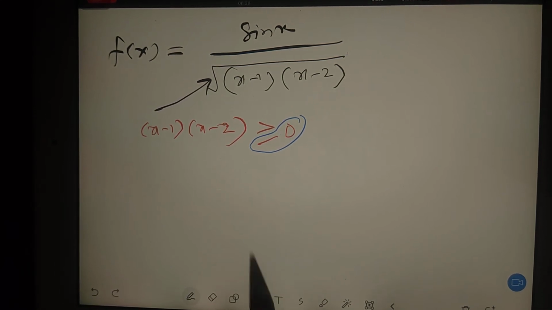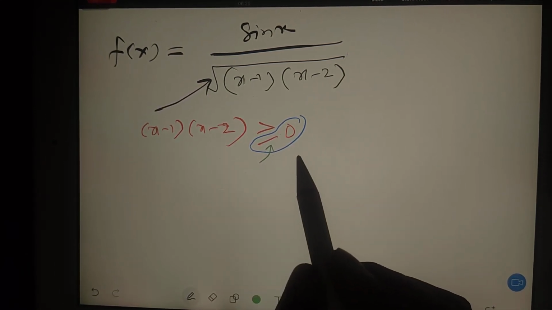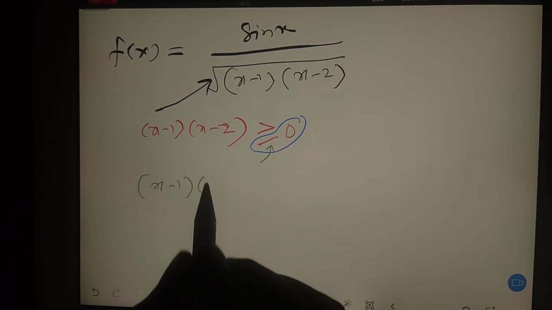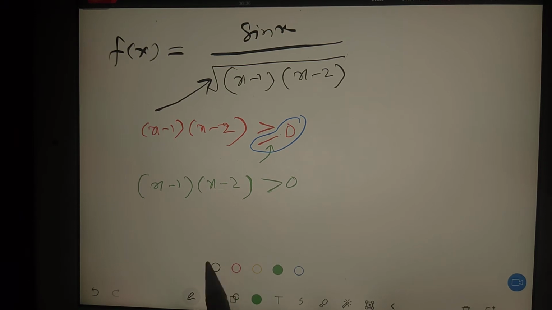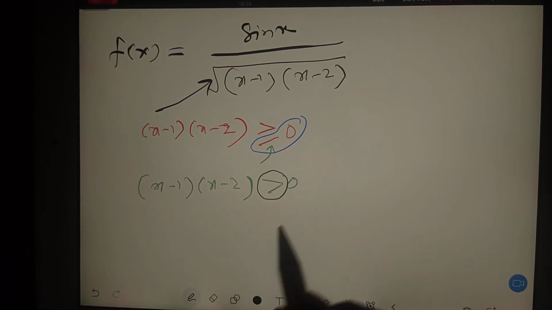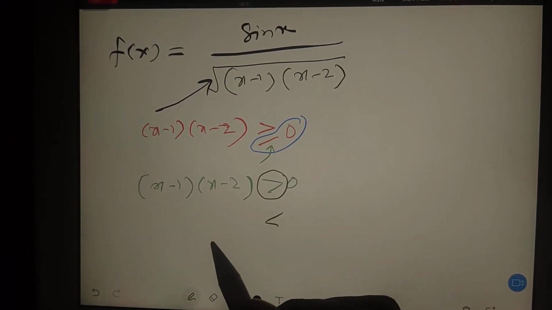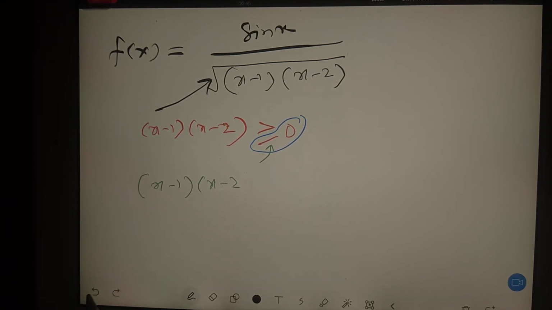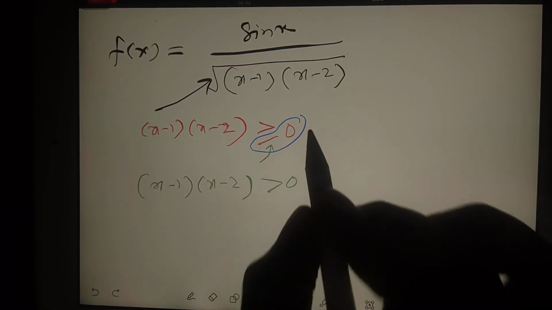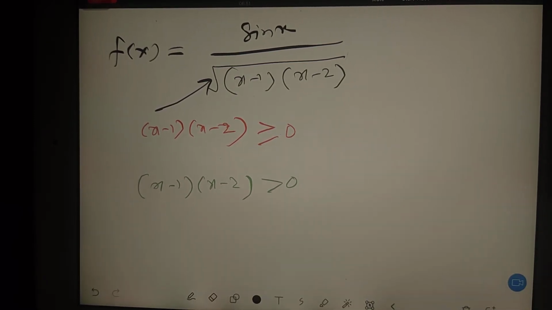So if I remove this equal sign, then I will write (x minus 1)(x minus 2) greater than 0. Now when you have only a greater sign or only a less sign, in that case you should not use a closed interval. If you have any doubt, feel free to ask.